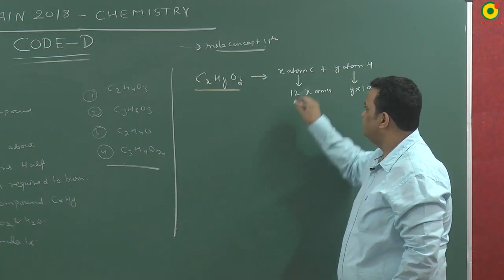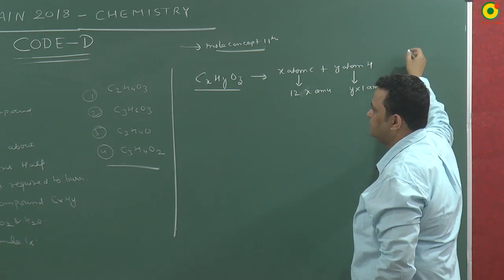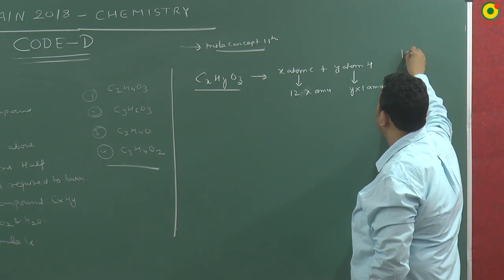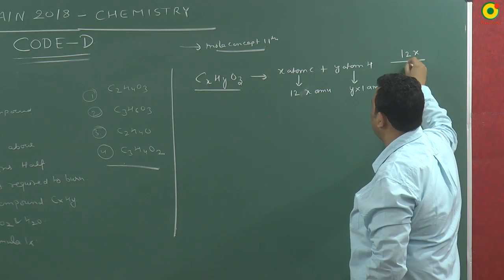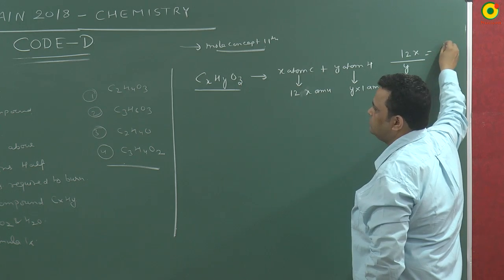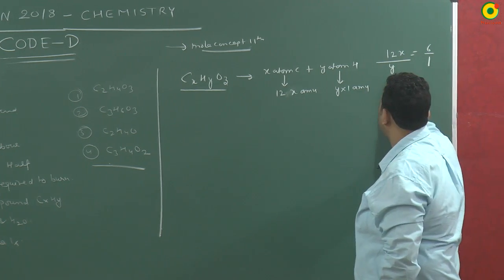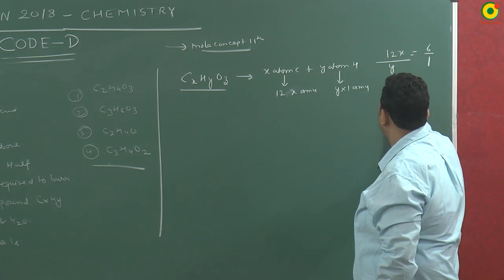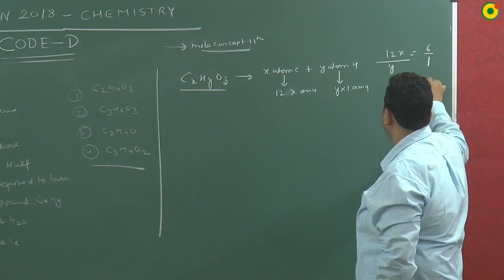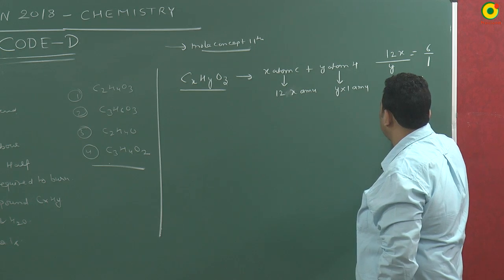What is it saying? That the mass ratio of carbon and hydrogen, 12X is to Y, is equal to 6 is to 1. If I solve this, then X by Y is equal to 1 by 2, meaning Y is equal to 2X.